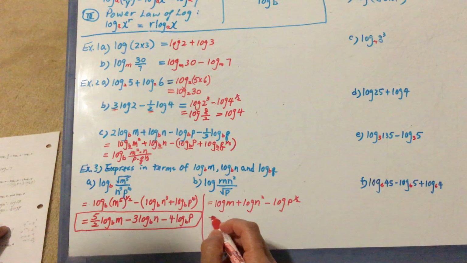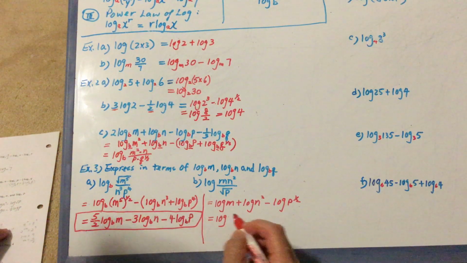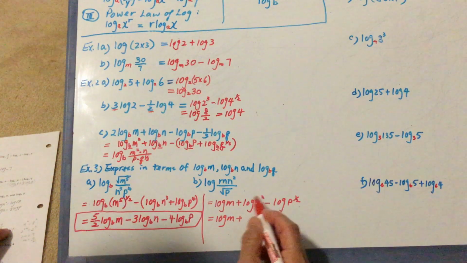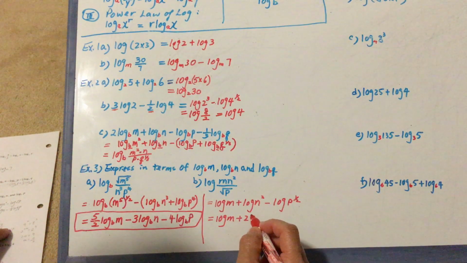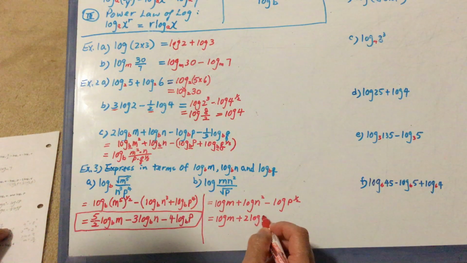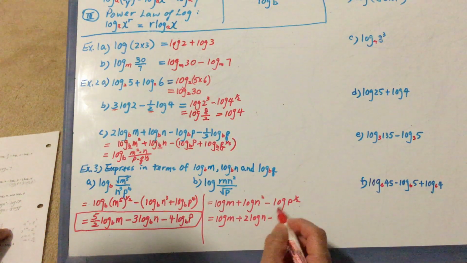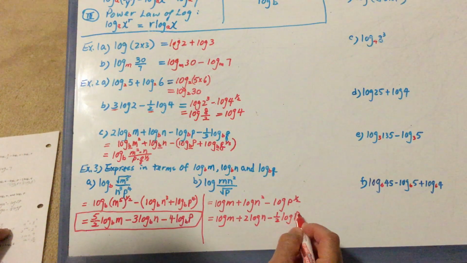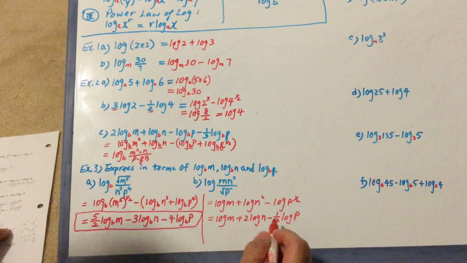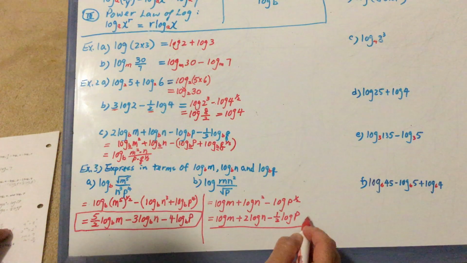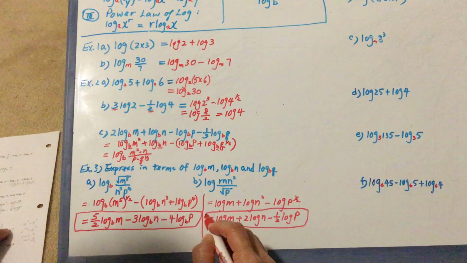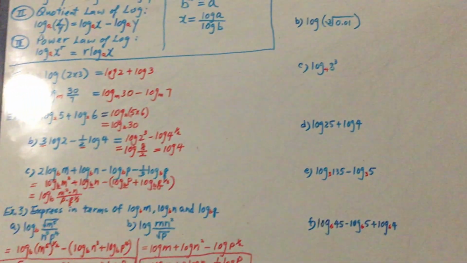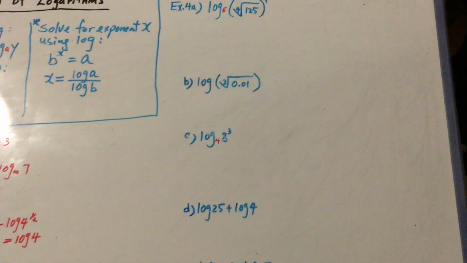Now to write everything without the exponents, you will have to use the power law. So this is going to be 2 times the log n, and then minus a half times the log p. They're all with the base 10. Okay, so this is going to be example number 3.